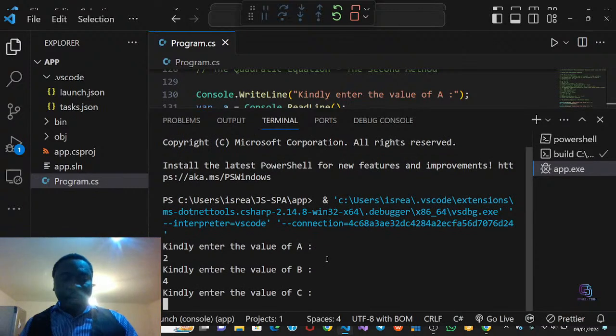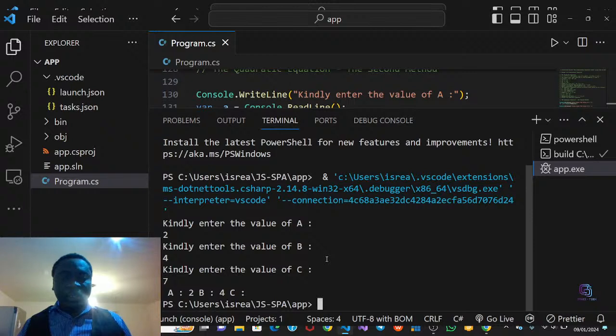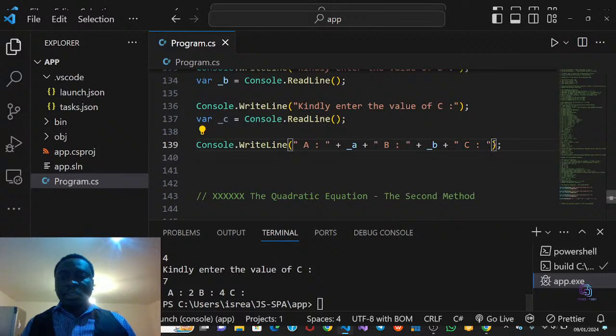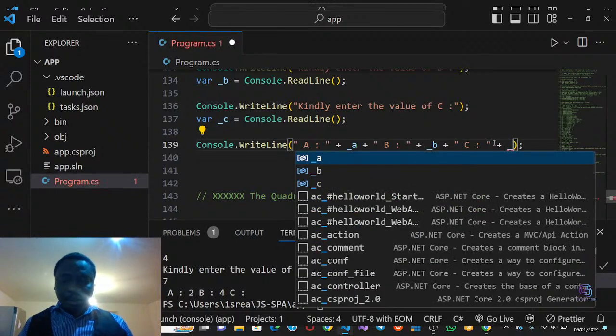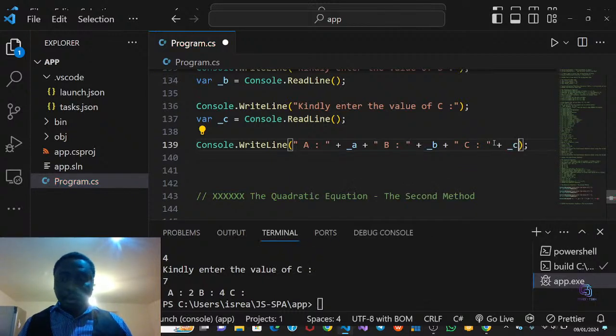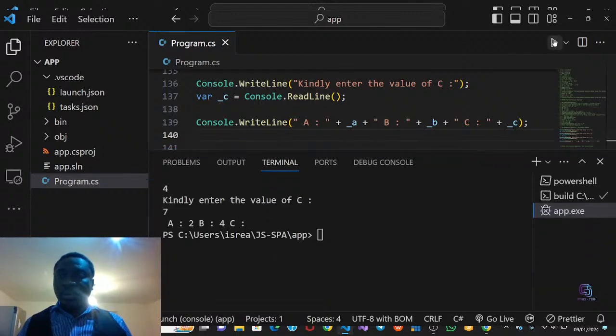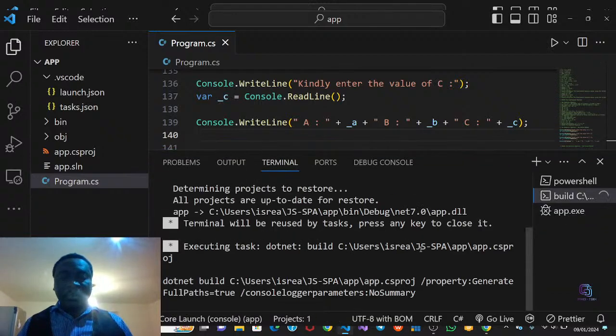So once the project is run, you can see A to be 2, B to be 4, C. I did this intentionally to see that we did not have C to be printed out. So C is underscore C. So it's been done, and we now run the project again.